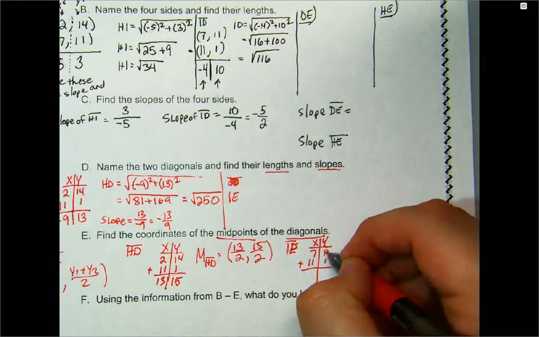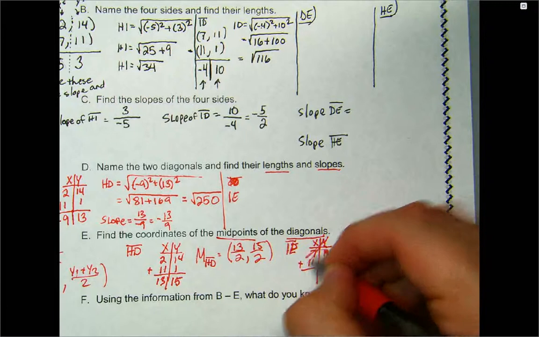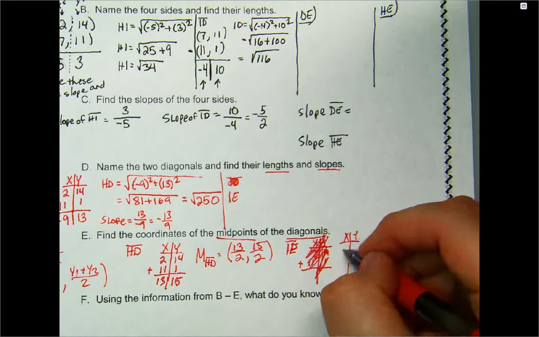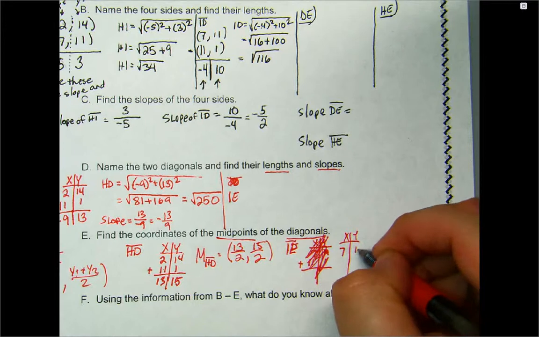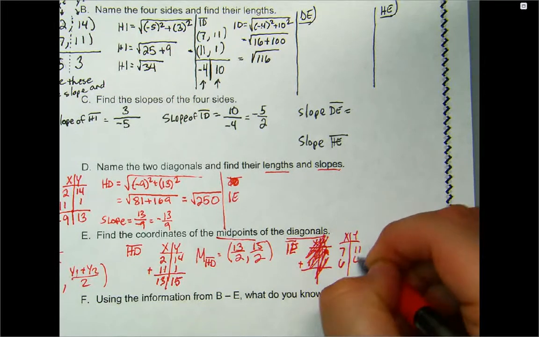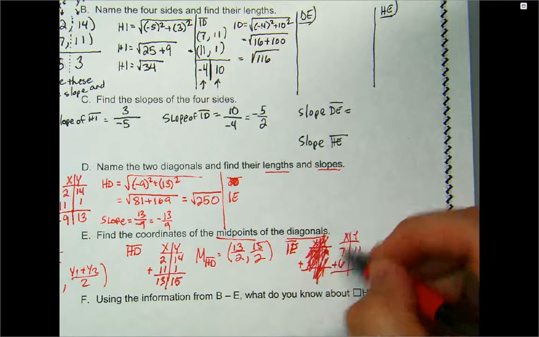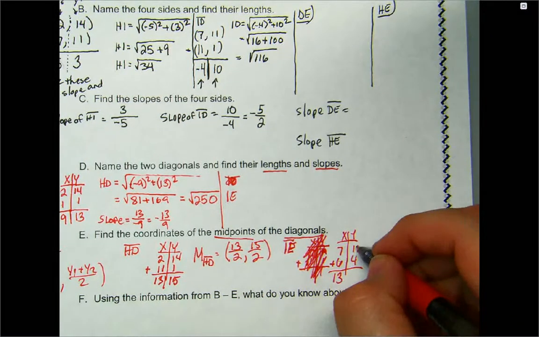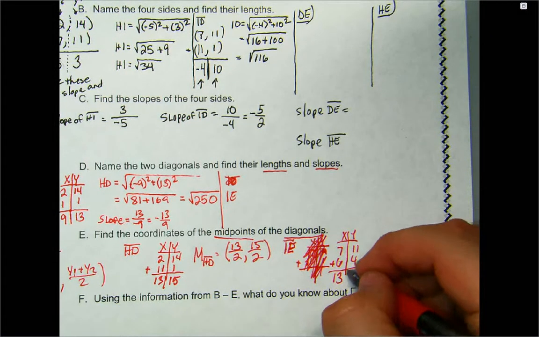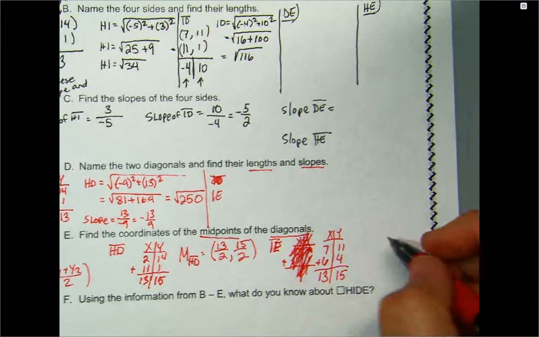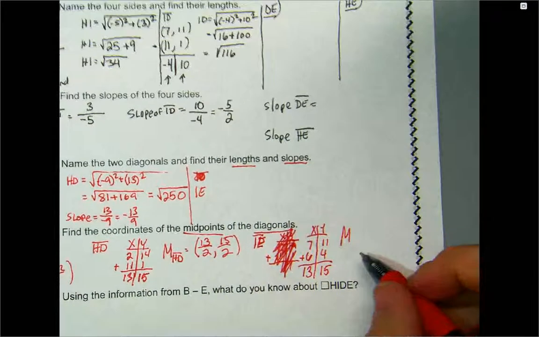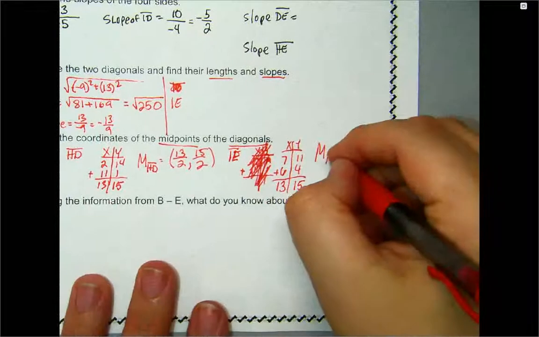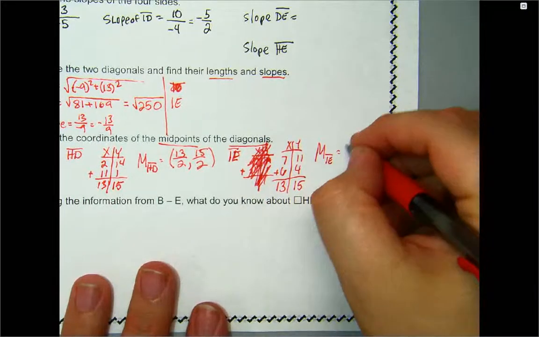That's why I use pencil. 7, 11, and then 6, 4. 7 plus 6 is 13. 11 plus 4 is 15. My midpoint for IE is going to be equal to that 13 divided by 2, and then that 15 divided by 2.